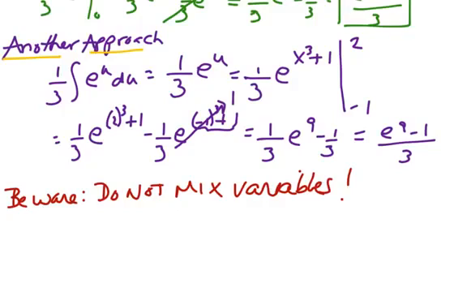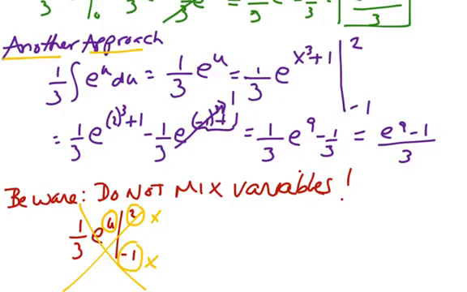It would be an error to evaluate this integral as this, because these limits of integration are x's, and this is u. So don't do this. That's a common mistake that I see all the time.